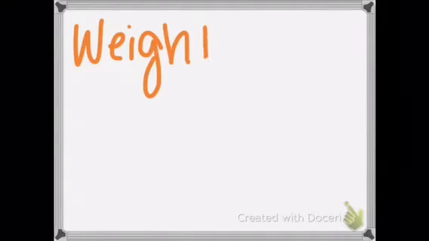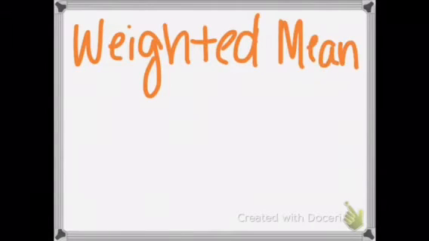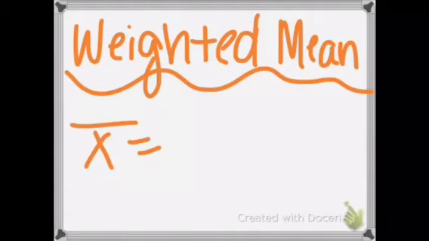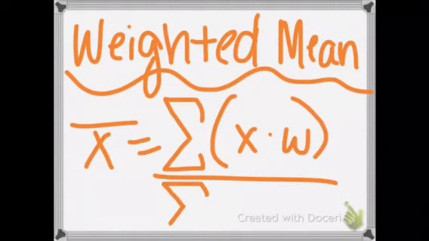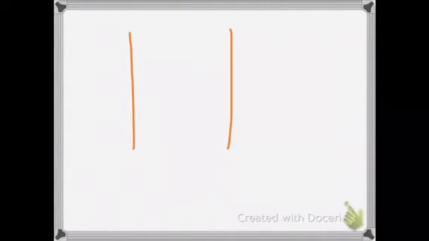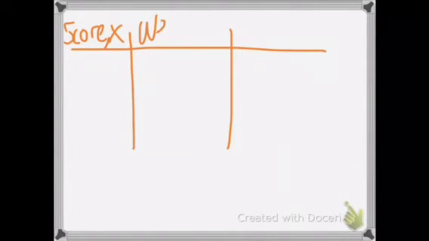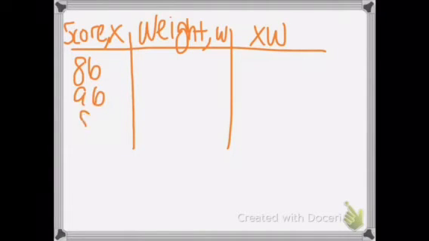A weighted mean is the mean of a data set whose entries have varying weights. A weighted mean is given by this formula, where w is the weight of each entry x. I am going to draw a table based on weighted mean. On the left-hand column, there will be test scores, and the middle column will be the weight of each test score.